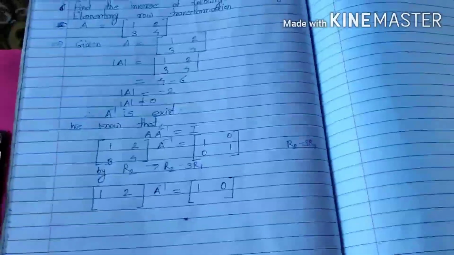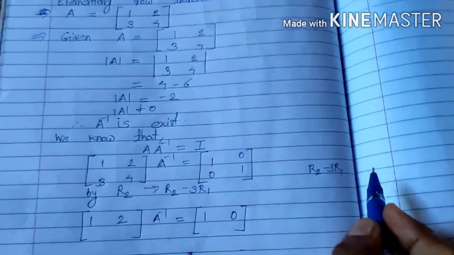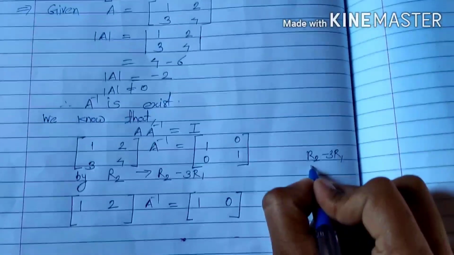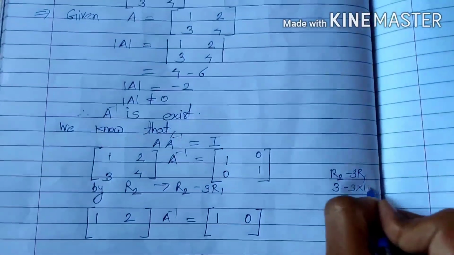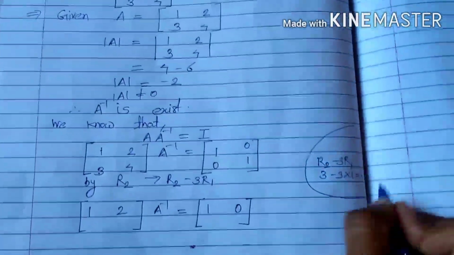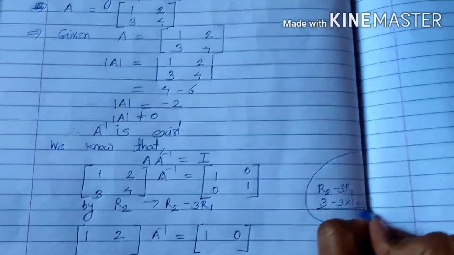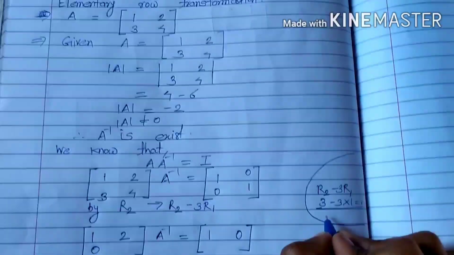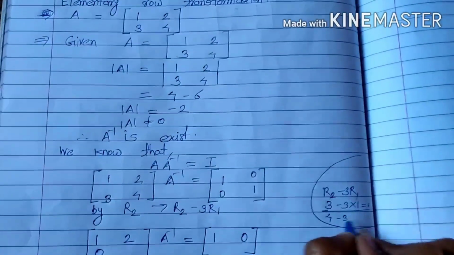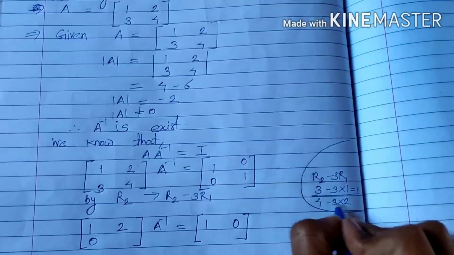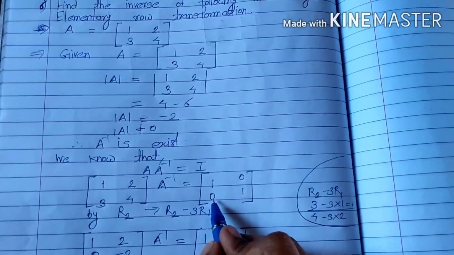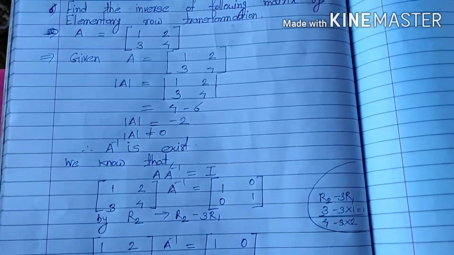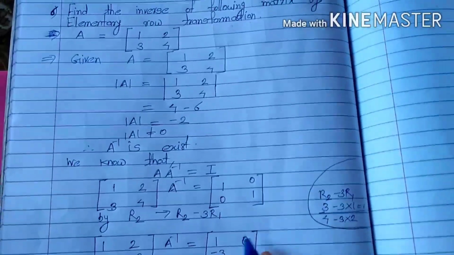It is not necessary to write here. R2: 3 minus 3 into 1 is equal to 0. It is rough work, so it is 0. Next, 4 minus 3 into 2 is 4 minus 6, minus 2, and here R2 is 0 minus 3, and here 1.